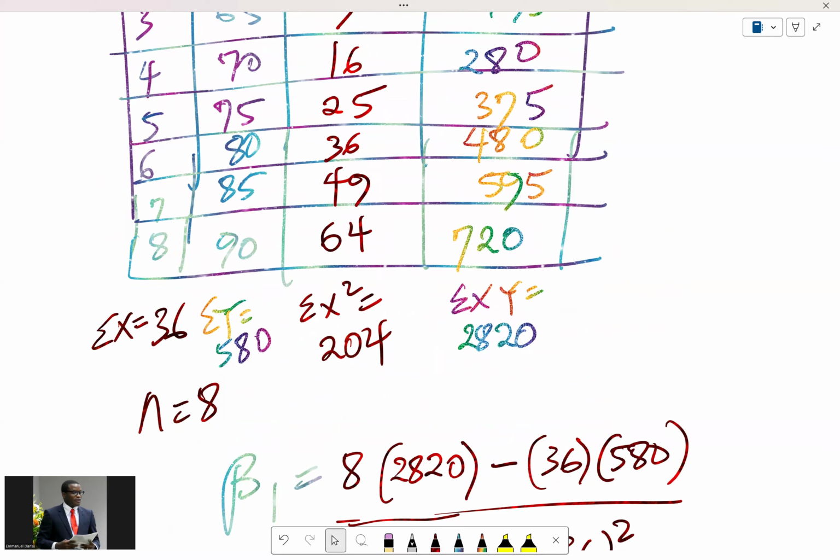Okay, we have 204 multiplied by n. n is 8, so we have 8 multiplied by 204.